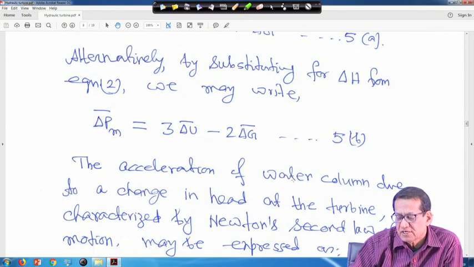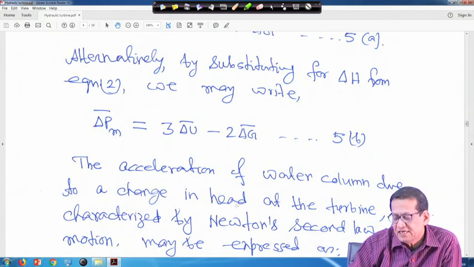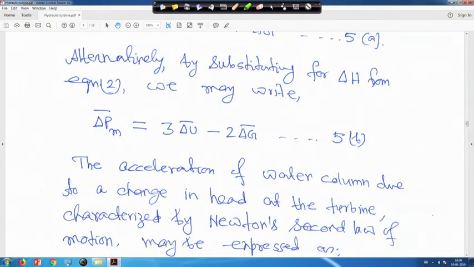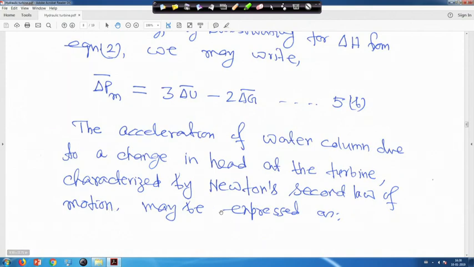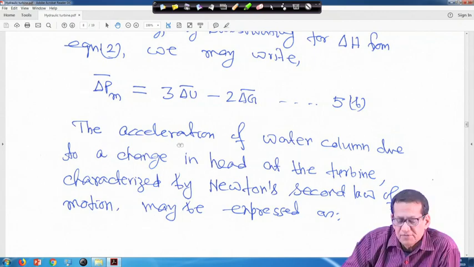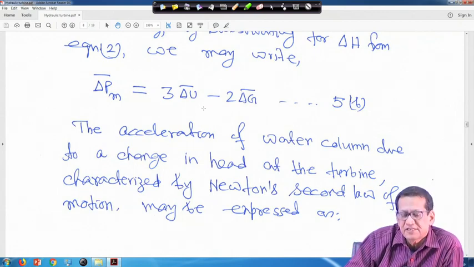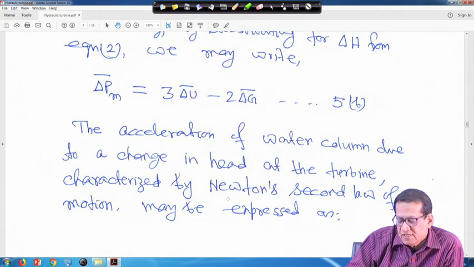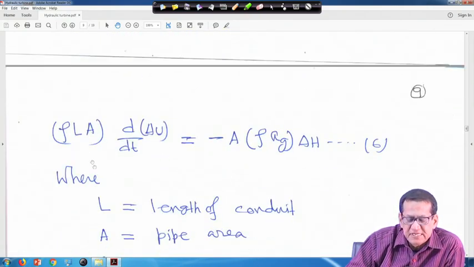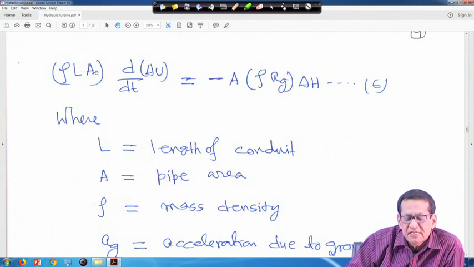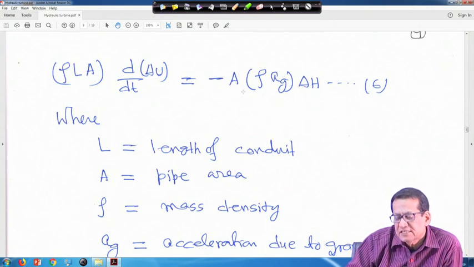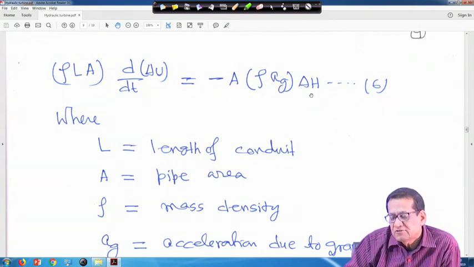Now, the acceleration of water column due to a change in head at the turbine, characterized by Newton's second law of motion, may be expressed as rho into L into A into d dt of delta u is equal to minus rho A g into delta h.